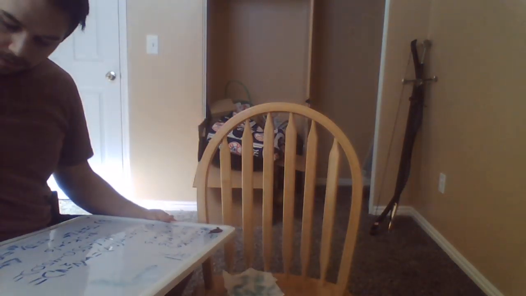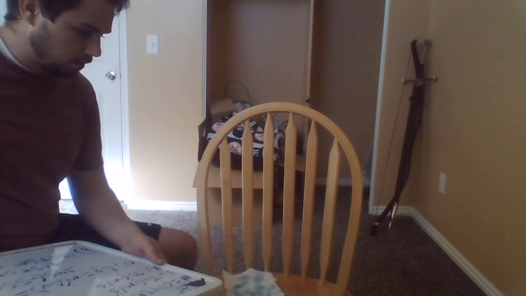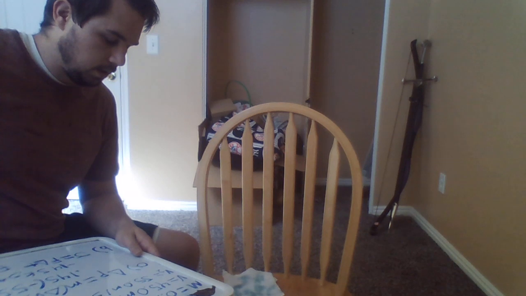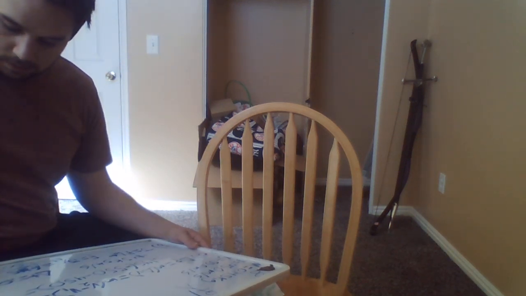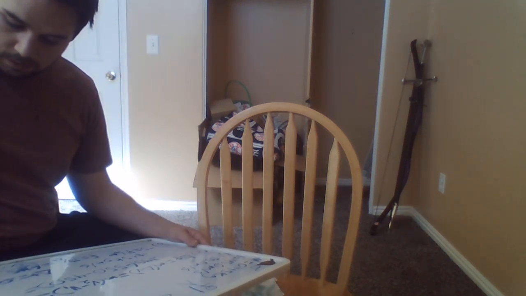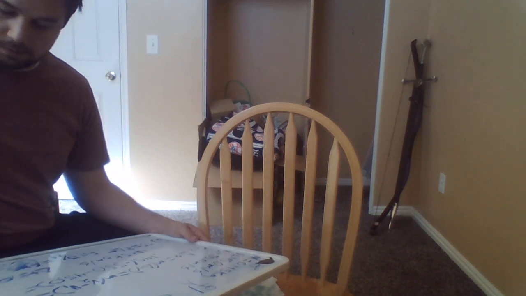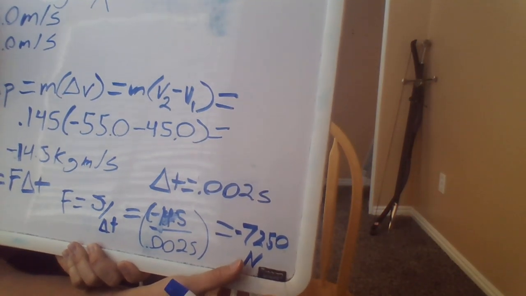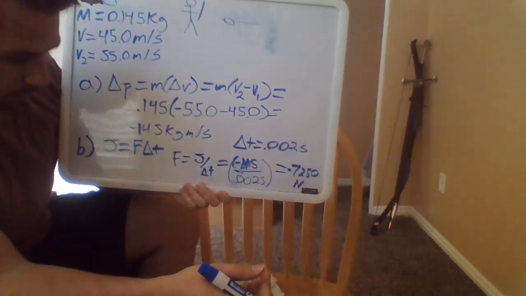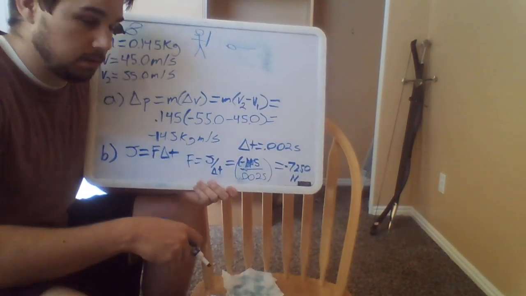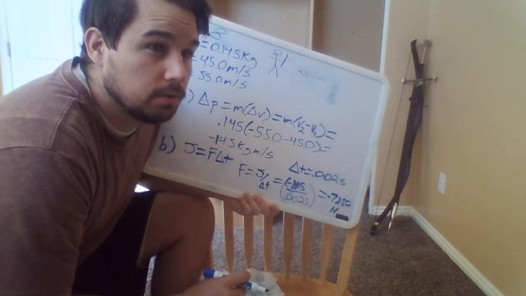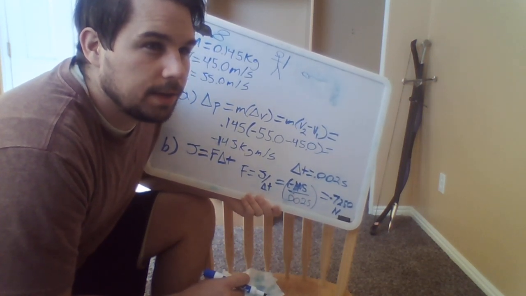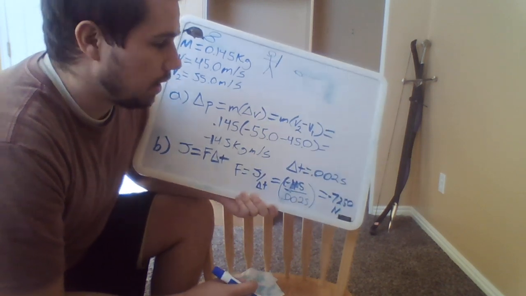And that comes out to our final answer, negative 7,250 newtons. Negative 7,250 newtons is our final answer. That is the average force, the magnitude of the average force applied by the bat.